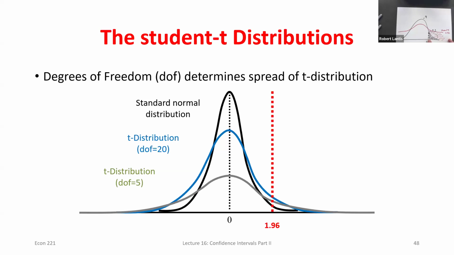If this area is greater than 0.1, I can't go 1.96. I'm going to have to go even further, right? I'm going to have to reduce that area down to 0.1 by taking a higher value. So the student t values that correspond to getting that same area of 0.1 in our tail are going to be greater than the values we see from that standard norm.